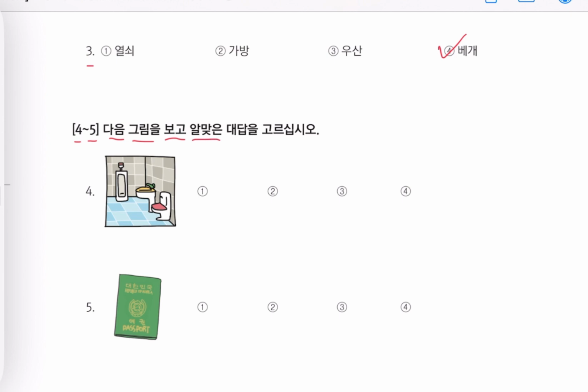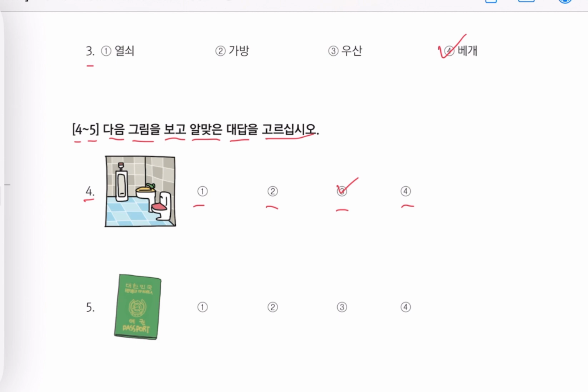Almajan, best. 대답, answer. 고르십시오, select. 4번, 1, 사무실, number 1 office. 2, 세탁소, laundry shop. 3, 화장실, washroom. This is our answer. 4, 기숙사, dormitory.